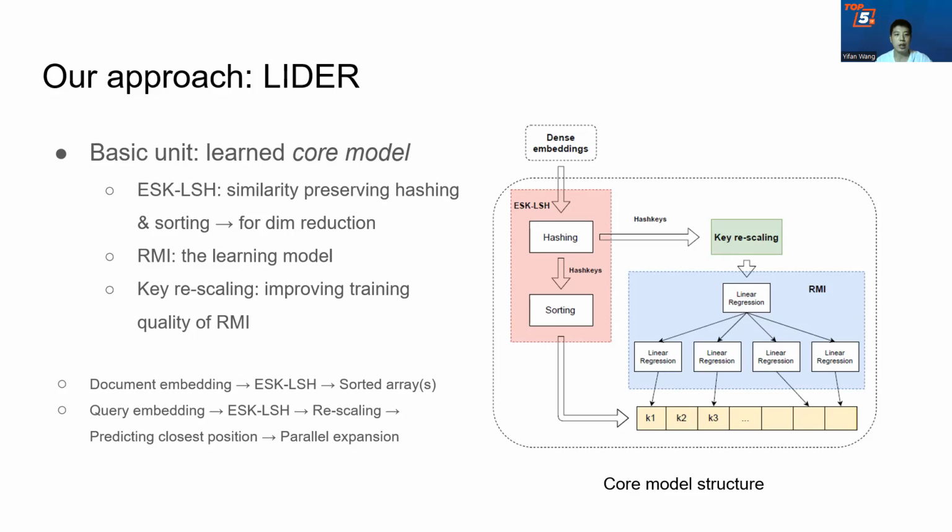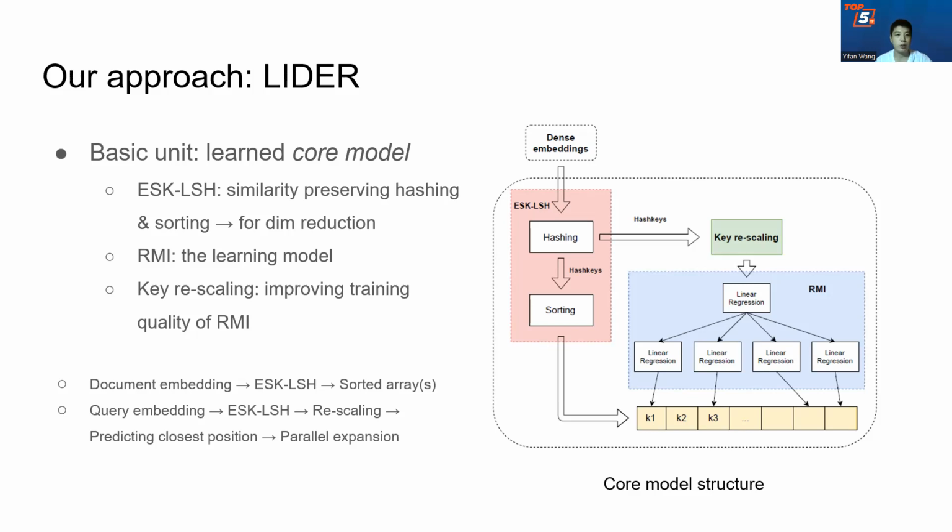And because the RMI only accepts one-dimensional input, that's why we use such a module. And then RMI is the learning model to predict the position, and key rescaling is a module that we use to interact between ESKLSH and RMI.